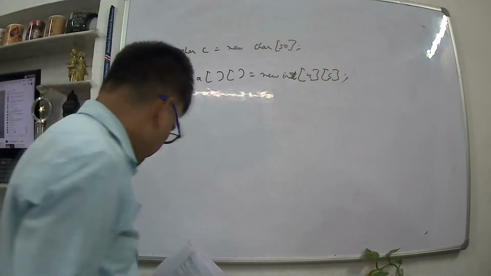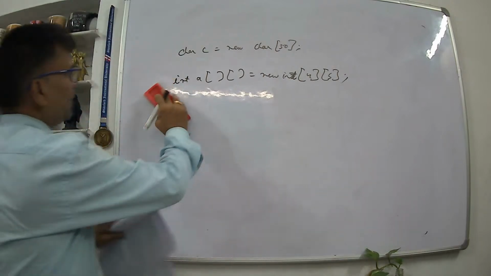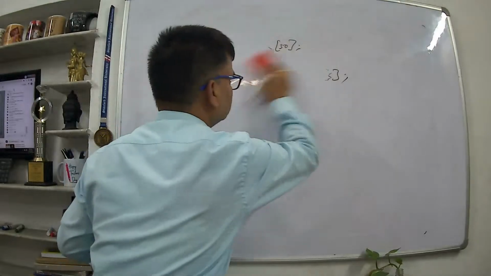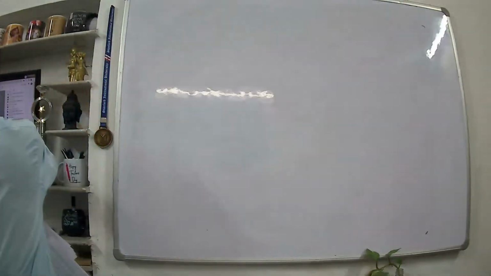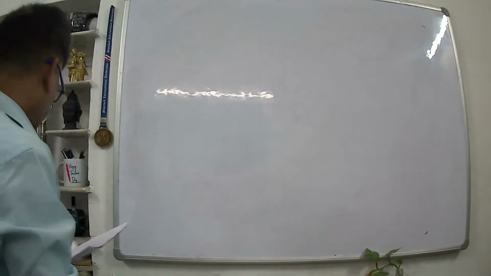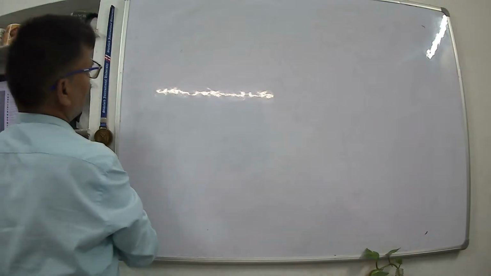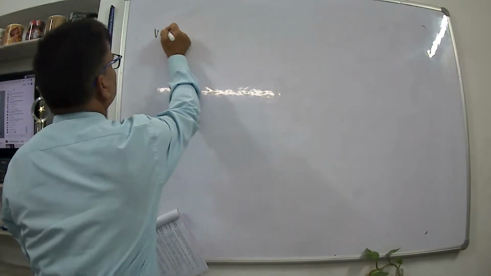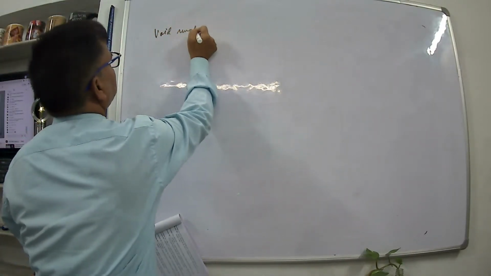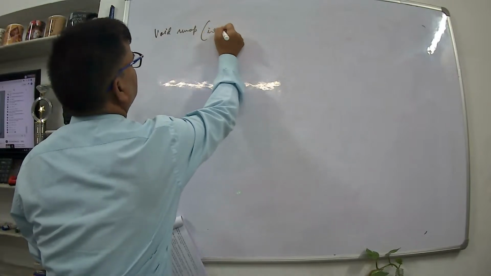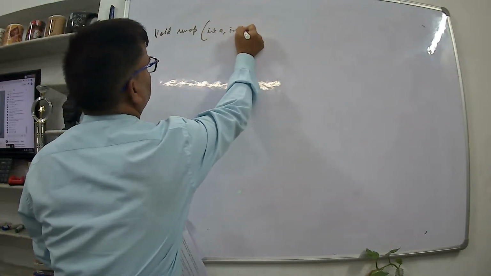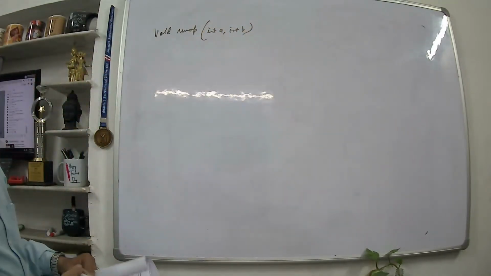Okay, if I say that you have to exchange the data stored in two variables, you have void swap int a comma int b.